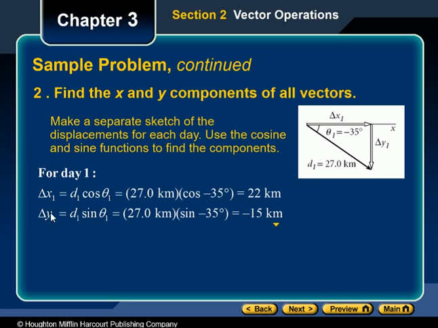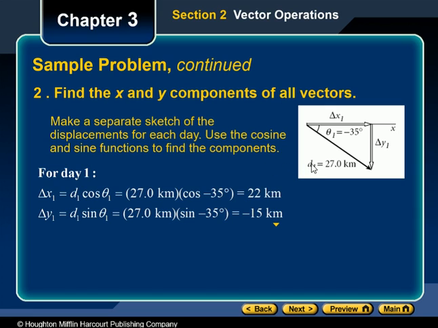Conversely, for delta y sub 1, which is this component, relative to the angle, delta y1 is opposite. You know that opposite over hypotenuse is sine. It's the definition of sine. So now that we have these representations, we can plug in the values.